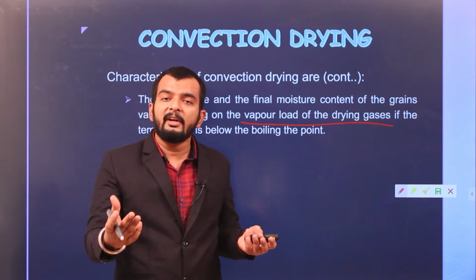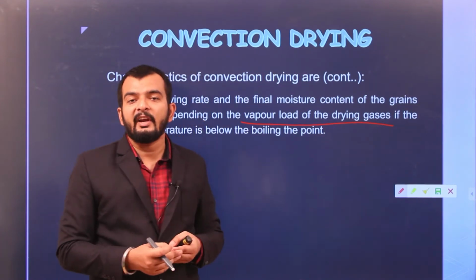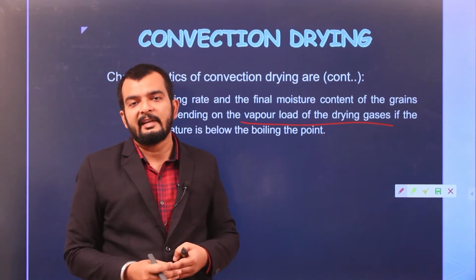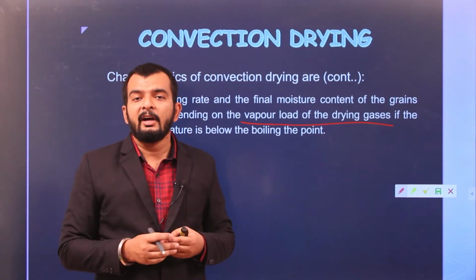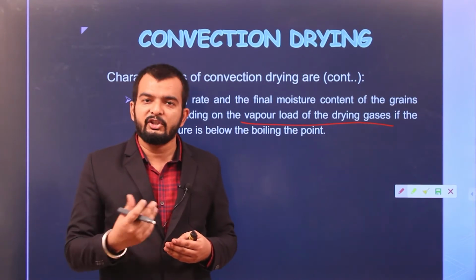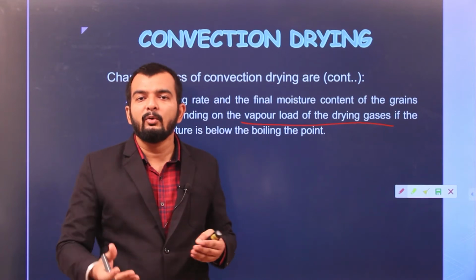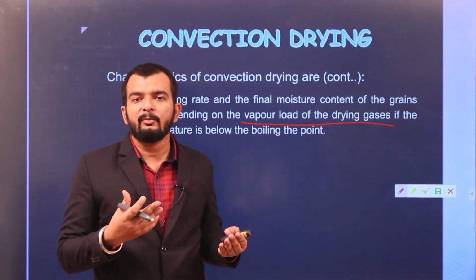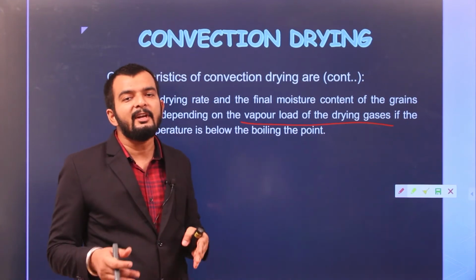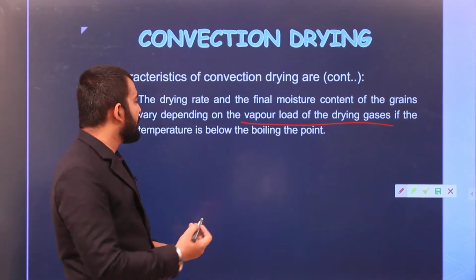So after we pass this hot air through the grains, it will get saturated with the water vapor that it has taken off from the grains. After getting saturated, it will not have any more capacity to gain moisture. So drying will not take place any further, and this will serve as a limiting factor in convection drying.